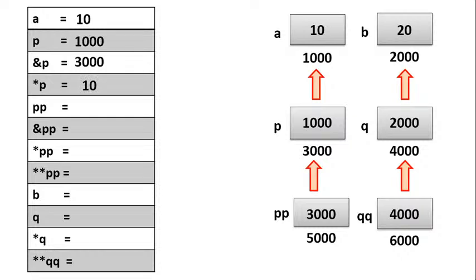What is the value at pp? Value at pp is 3000. What is the value at &pp? &pp is 5000.